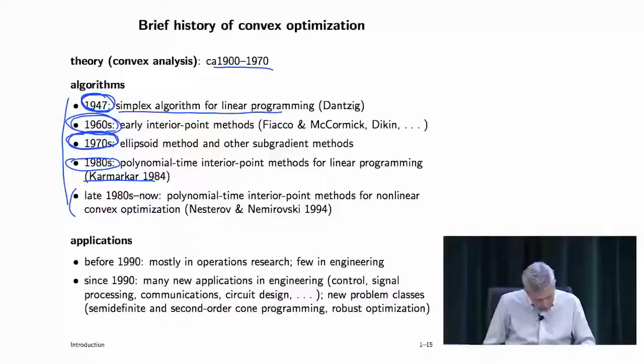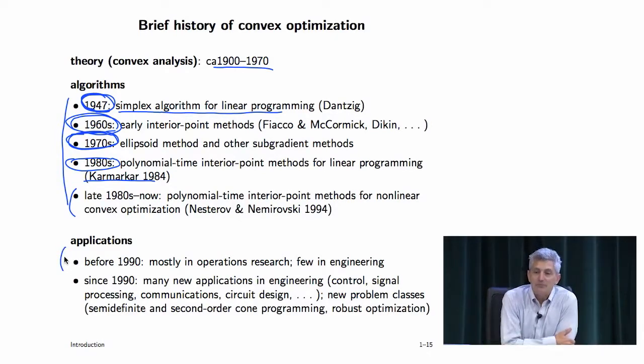So the most interesting part is this: before about 1990, there were plenty of applications, but it was almost all linear programming. Some were in engineering, but mostly they were in areas like finance and management, so they were in operations research departments. But what happened in the 90s was that more and more areas in engineering started using these things.